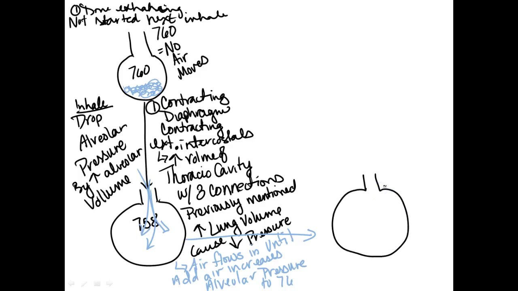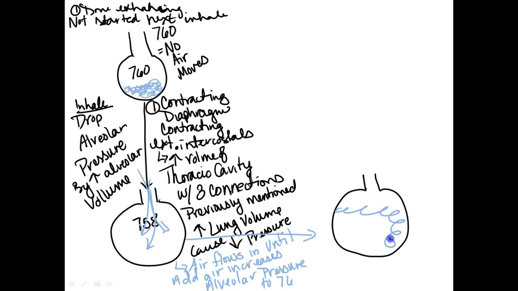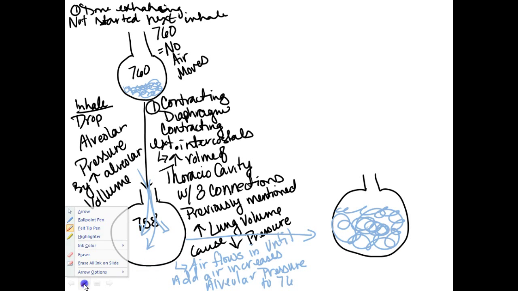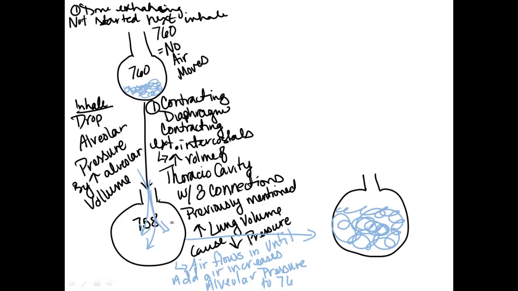They're meant to be the same size, but now we have all of this extra air. And this added air brings the pressure from the 758 that it was to the 760. So again, now that we're 760 here, we're 760 out here, we have equal pressures.